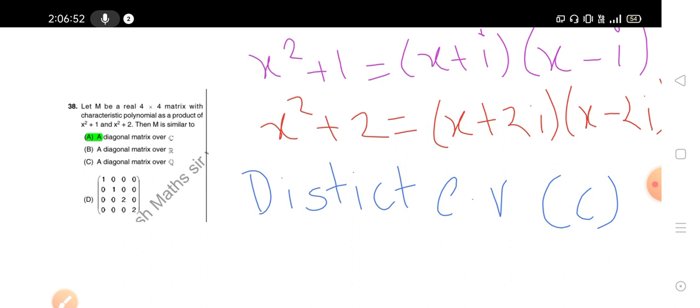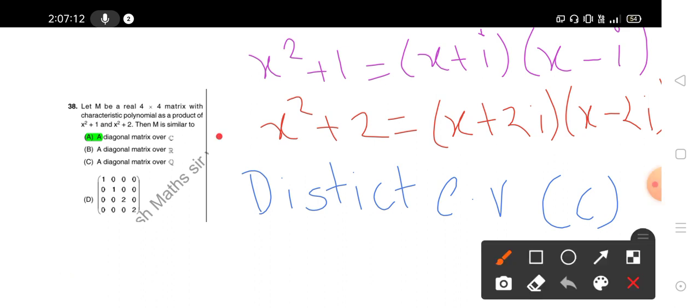This is a complex eigenvalue, therefore distinct eigenvalues, then it is diagonalizable. Given complex eigenvalues, the matrix A is diagonalizable over the complex numbers. That is, answer A is correct.